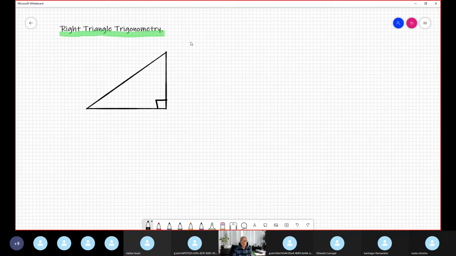So one corner is 90 degrees, and this corner is called capital C. Capital C is the notation for the angle. This is angle capital B, this angle is capital A. And it's obvious that angle A plus angle B is equal to 90 degrees, specifically in a right triangle.